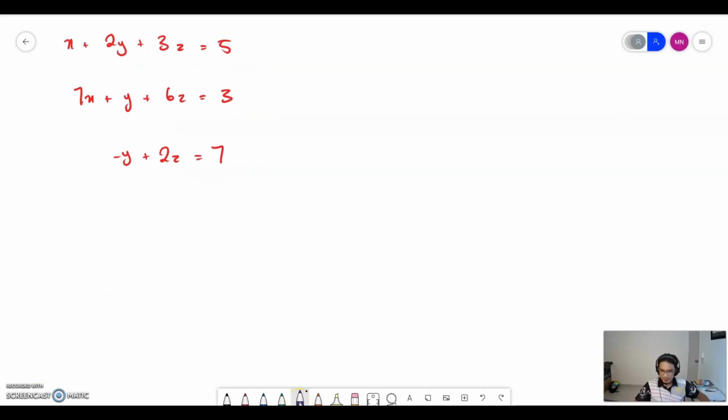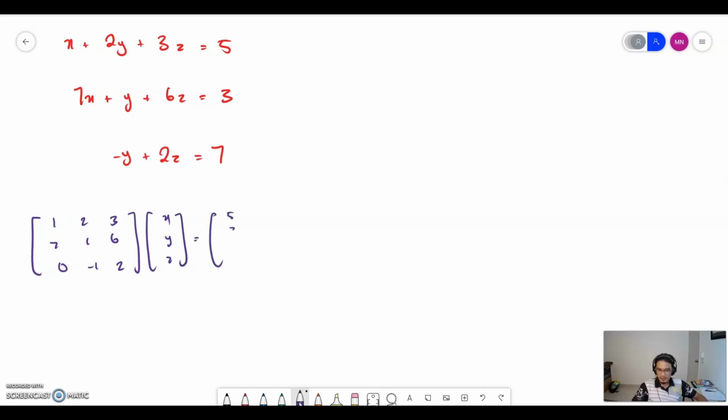So for this example, firstly we change it into the form of AX equal to B. So that will be 1, 2, 3, 7, 1, 6, 0, -1, 2. And X is x, y, z, and will be equal to 5, 3, and 7.